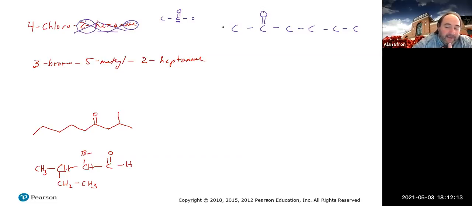So for me, this is carbon number 2, this would be carbon 1, this would be 3, and this would be 4. And that obviously is where I would put my chlorine. Finishing out our condensed structure, that's 3 hydrogens there, none where my ketone group is, 2 there, just 1 there, 2 there, and 3 at the end. Any questions on that there?